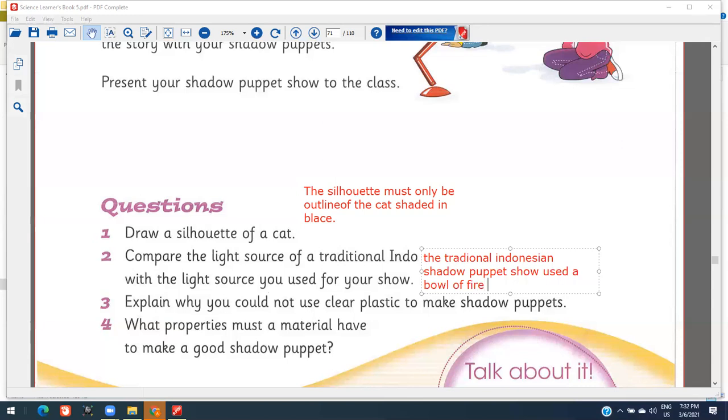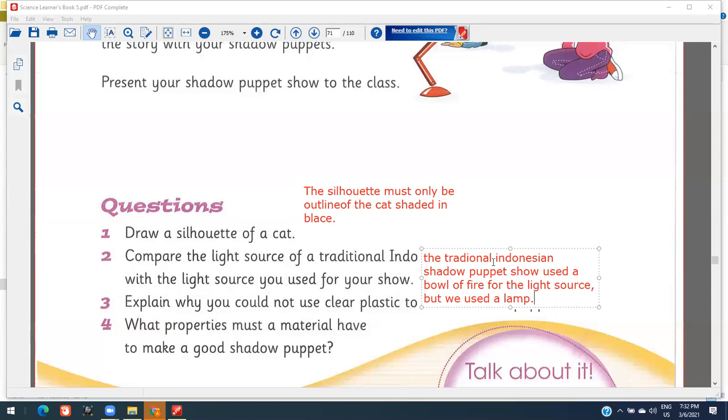And nowadays, what are we using for the light source? And what about us? We used a lamp. Enough. You can write as you like, but the accurate meaning is like this.